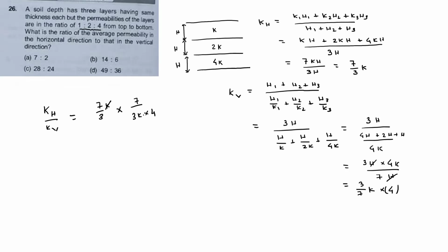K and K get cancelled out, and we have 49 by 36. So this is 49 is to 36. So the option will be D. This is question number 26. The answer will be D, 49 is to 36.